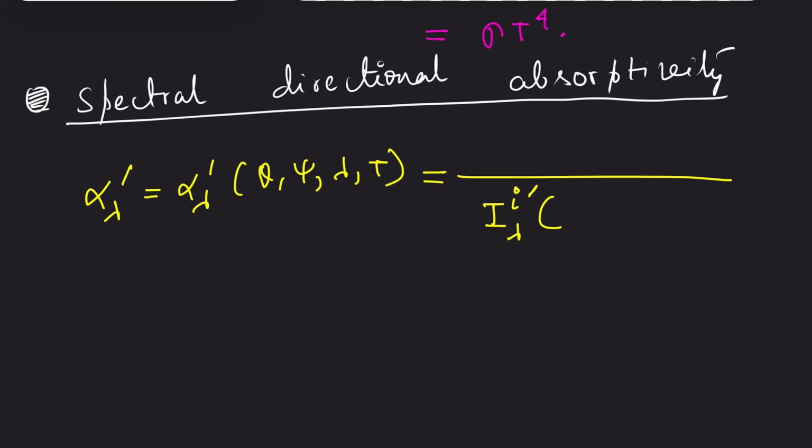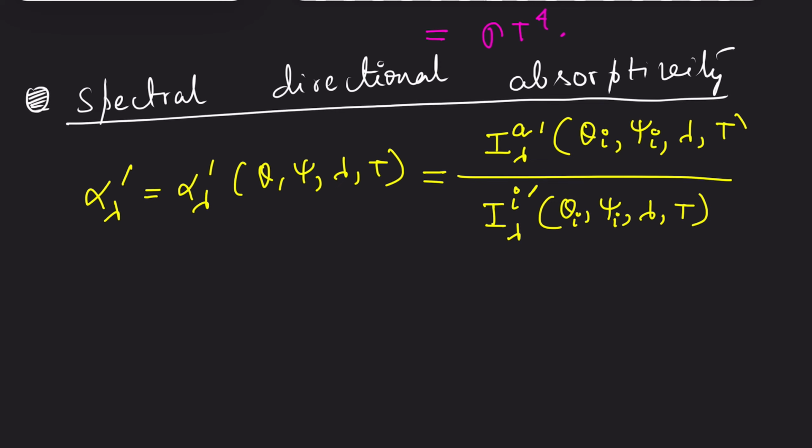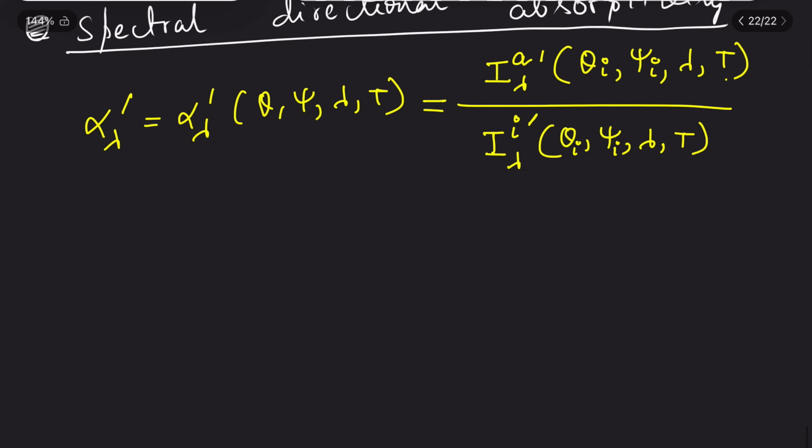To be more specific I should write theta i, psi i, the direction through which it is coming, that is theta incoming and psi incoming. And it is I absorbed, lambda, theta i, psi i, lambda comma t. This is the spectral directional absorptivity.